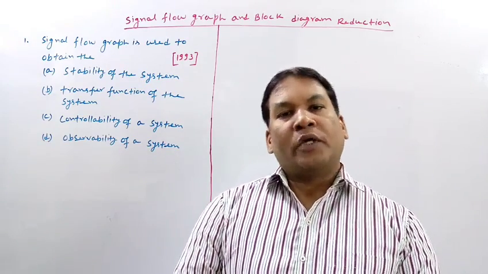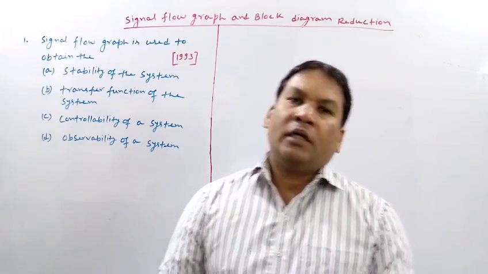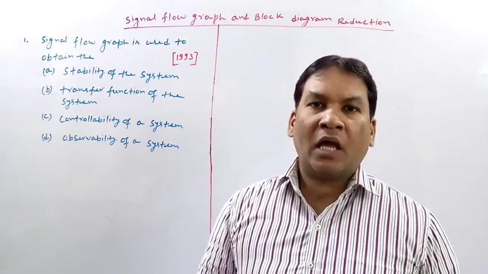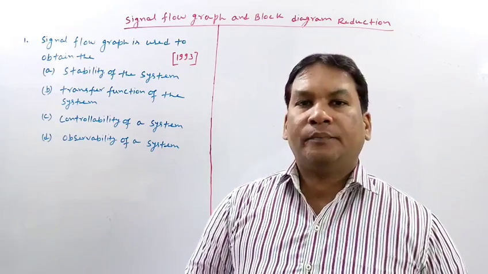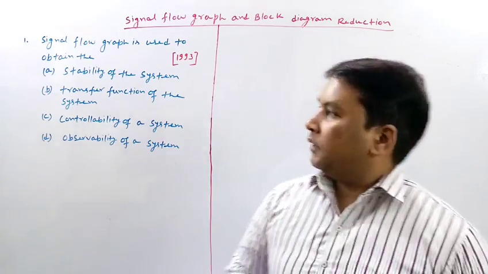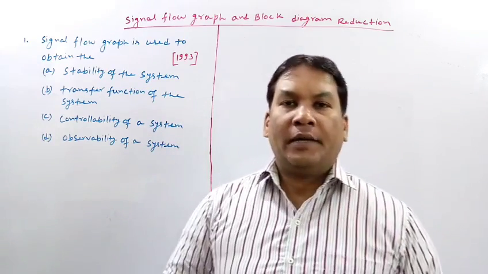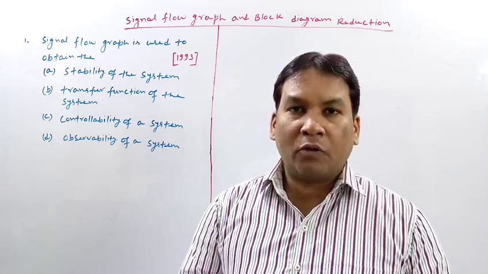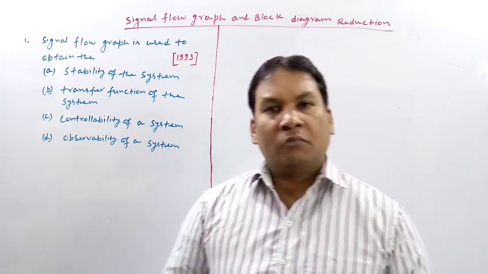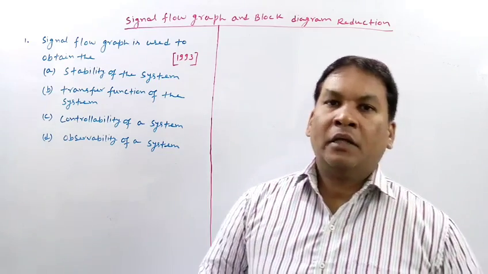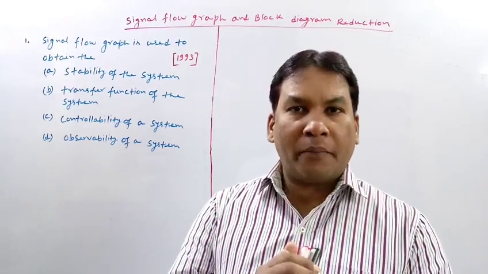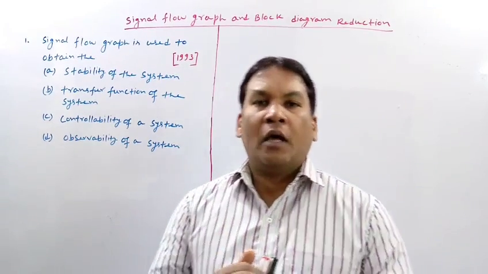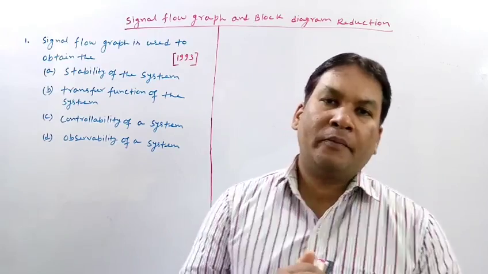A system is a differential equation, and that differential equation is at first converted, or you can say split, into algebraic equation, and then that algebraic equation is represented as a signal flow graph, and then we determine the transfer function by the use of the signal flow graph.